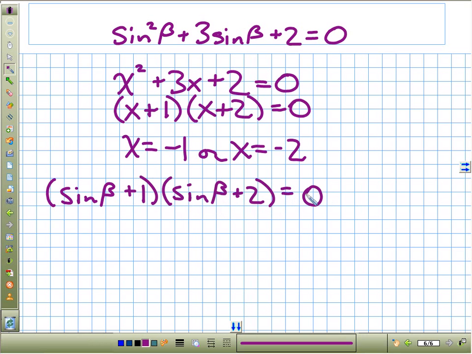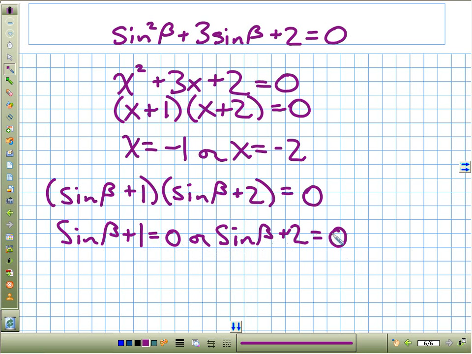Now we set the first one equal to 0, right? Sine beta plus 1 equals 0, or sine beta plus 2 equals 0. Okay? Or we could rewrite it as sine beta equals -1, or sine beta equals -2.